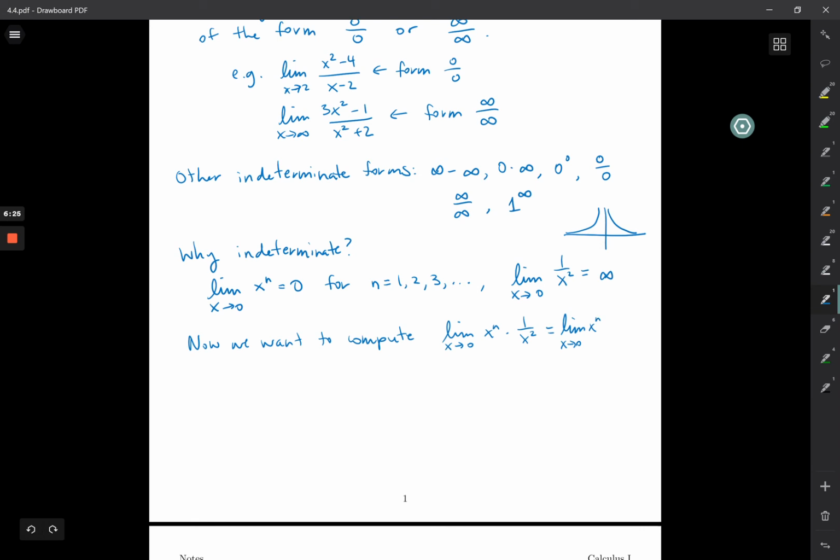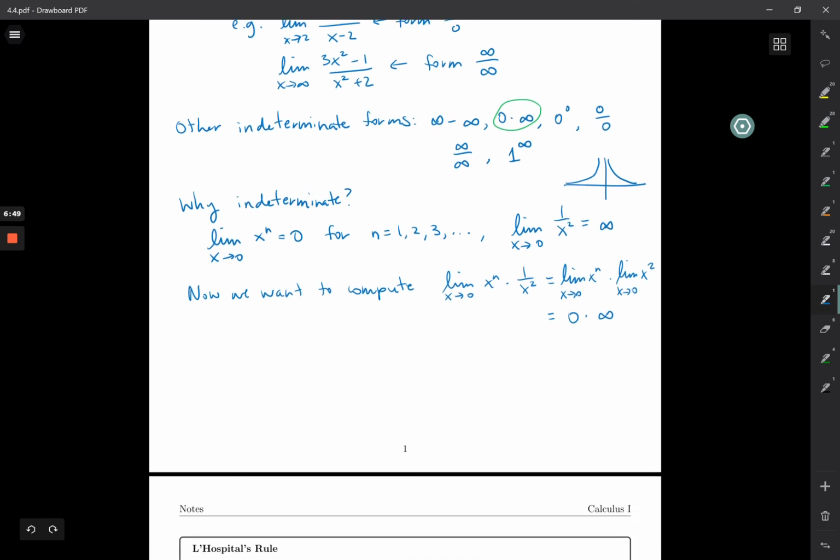So this would be the limit law for products, and as we said, this first limit is 0, the second limit is infinity. So this is one of these indeterminate forms. It's this one up here, right?